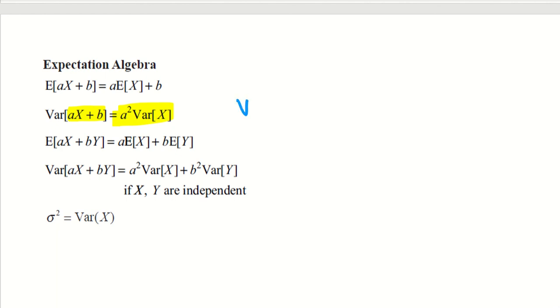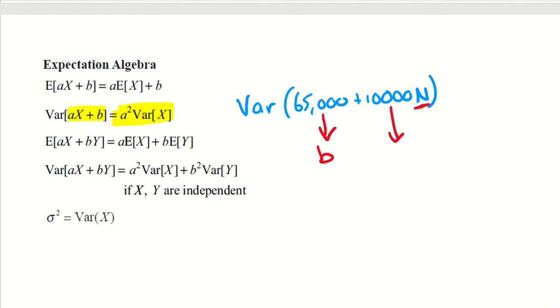In our case the equation was 65,000 plus 10,000 times n, so the 65,000 is the number by itself, our value of b, and 10,000 is the number in front of the variable n, just like x, so that is the value of a. So we need a squared times the variance of n, which is 10,000 squared times the variance of n.